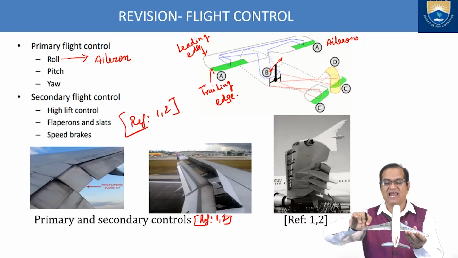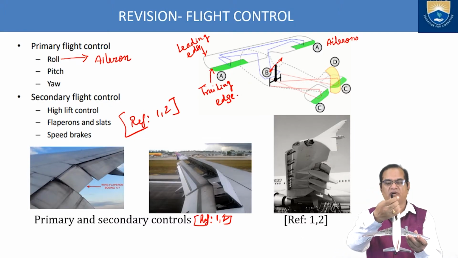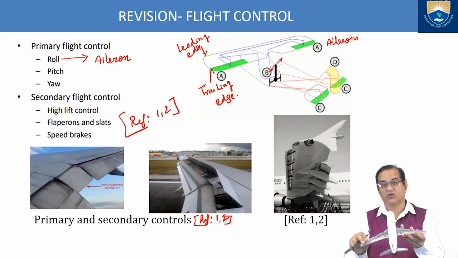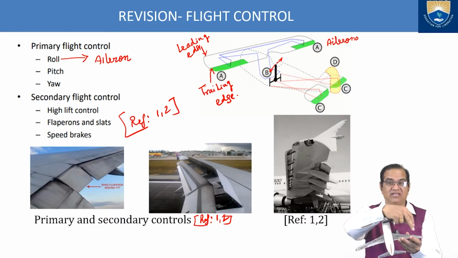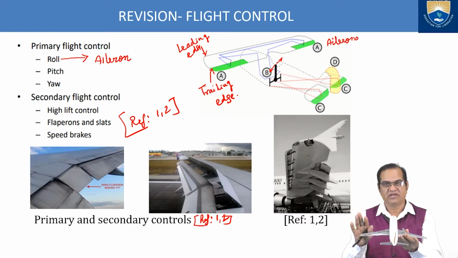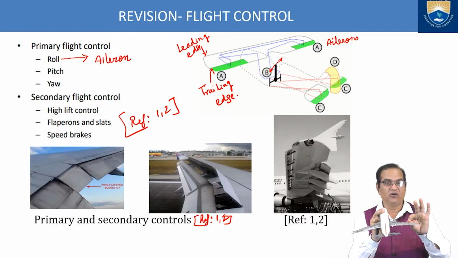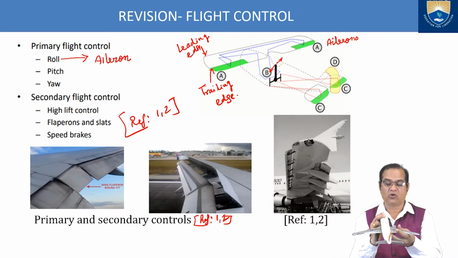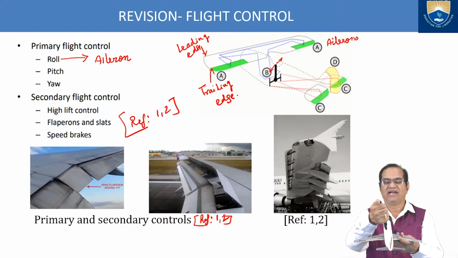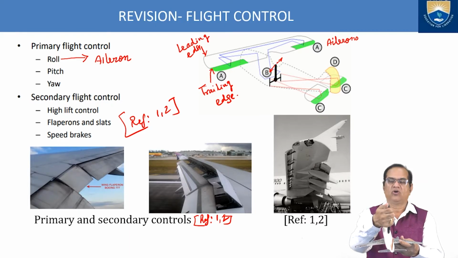So if I want to make this wing go down, what do I have to do? This is a stick, and the pilot has to move this stick like this, so this wing will go down. From my side this is left and that is right. If I want to roll the left wing down, the pilot has to move the stick towards the left.